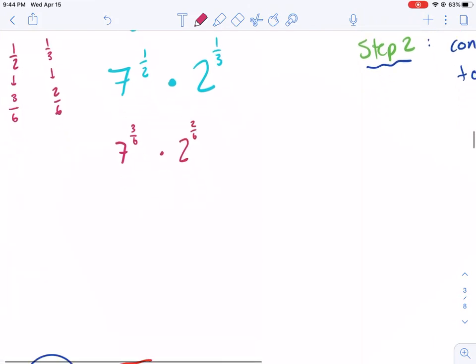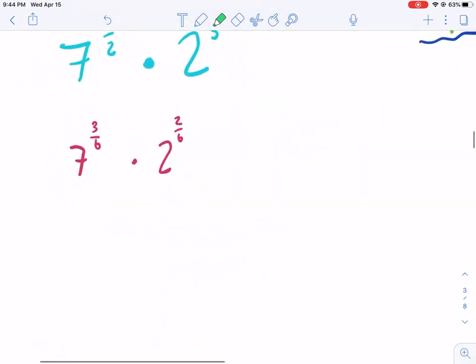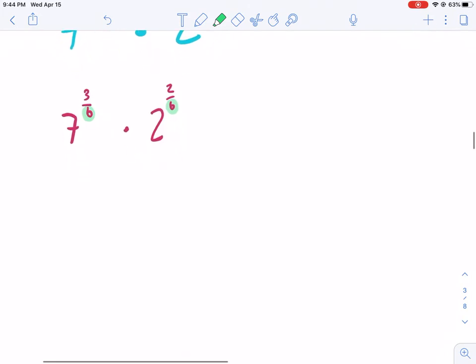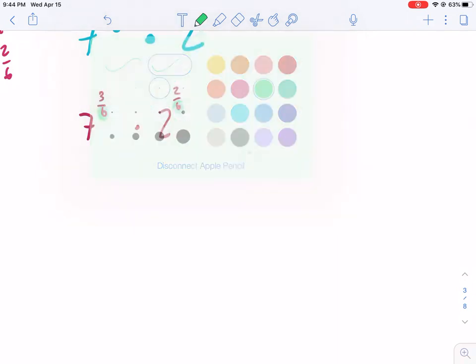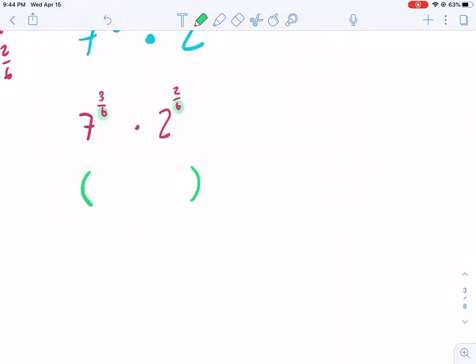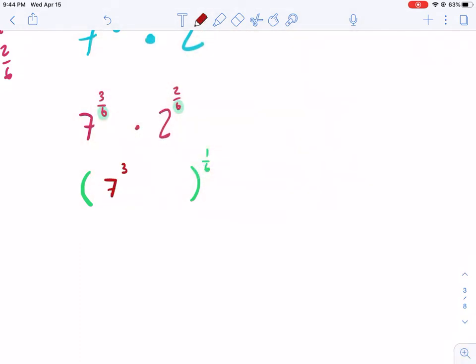Now, why is this useful? It still looks like we can't do anything. The whole point was to get the same denominator in the power, because one of our rules of exponents lets us take that power out and put it outside the parentheses, leaving 7 cubed times 2 squared inside.